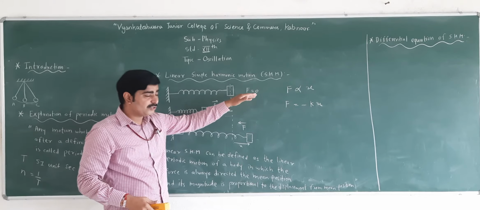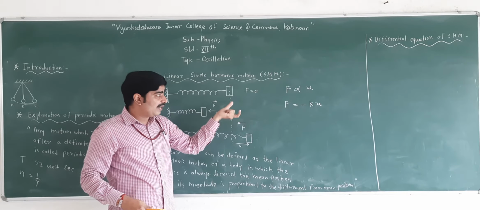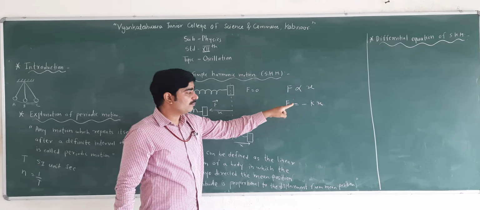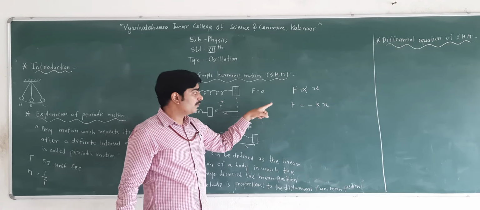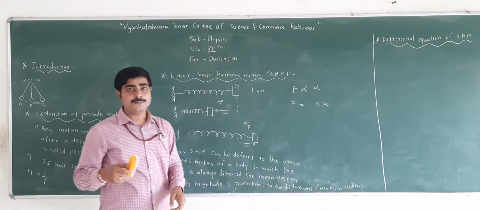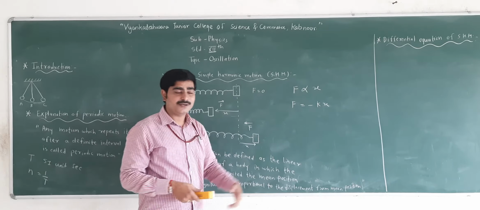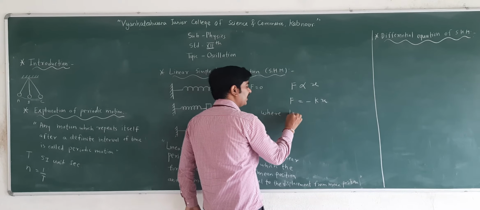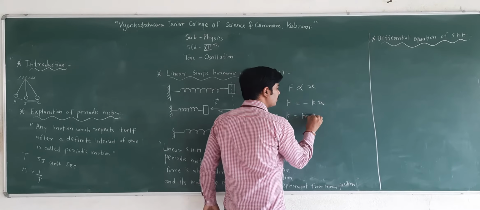Friends, that explanation you have to write in your own words. I am just writing the mathematical part. So F is equal to minus kx, where the force and the displacement are in opposite directions. That's why we have applied the negative sign. And what is the meaning of k? k is known as the force constant.